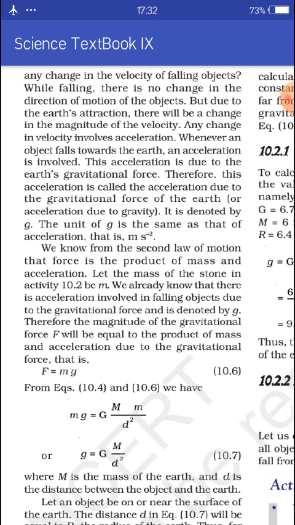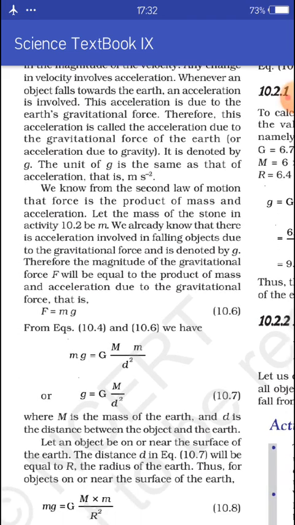While falling, there is no change in the direction of motion of the object. The unit of small g is the same as that of acceleration, meter per second square. We know from the second law of motion that force is the product of mass and acceleration. Let the mass of the stone in activity 10.2 be m.